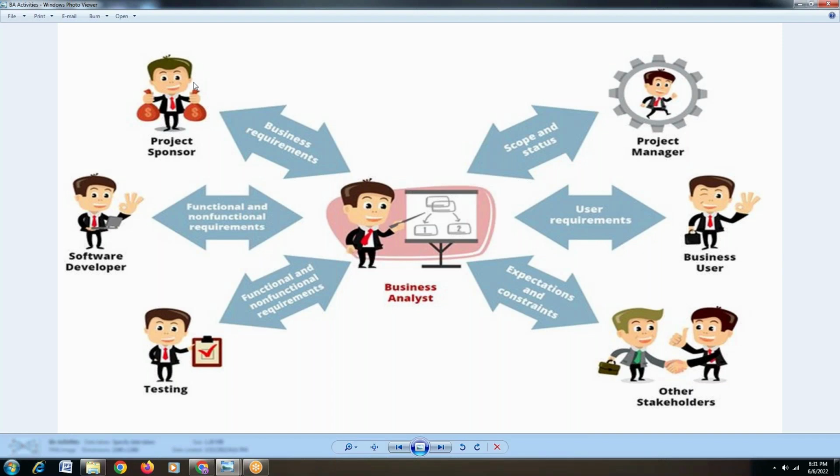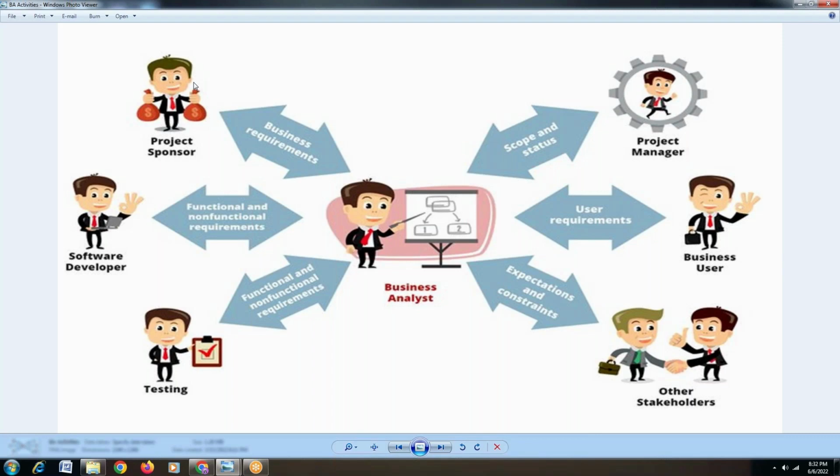Of course, initially your role is so prominent in the phase of analysis, planning and design, but your prominence will be less in percentage when it comes to implementation and testing. But of course, our role is important, because if any changes happen in between, they have to be coordinated by the BA team itself.